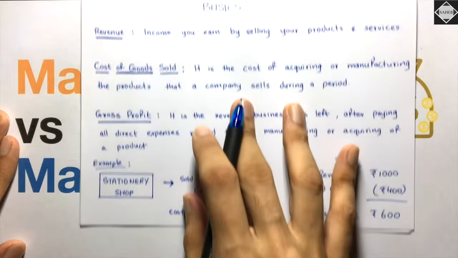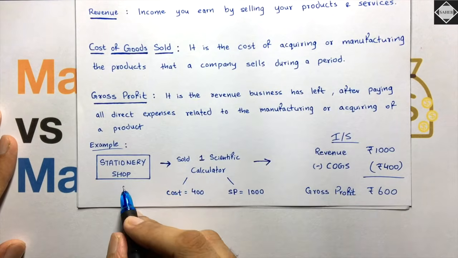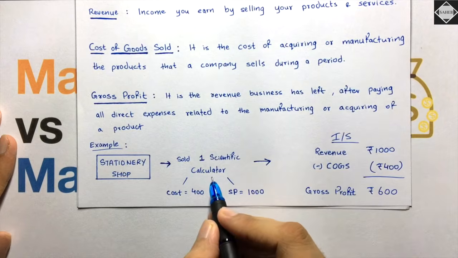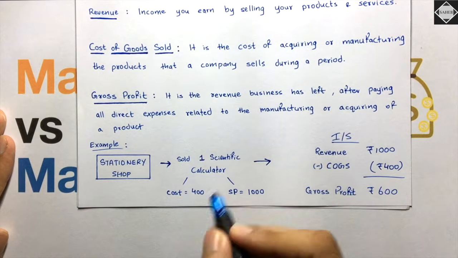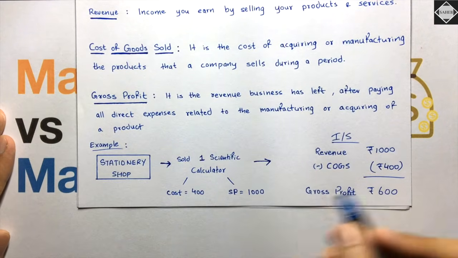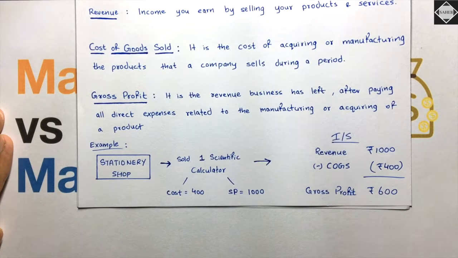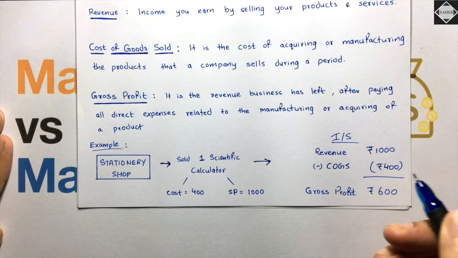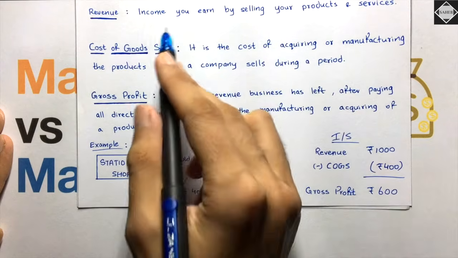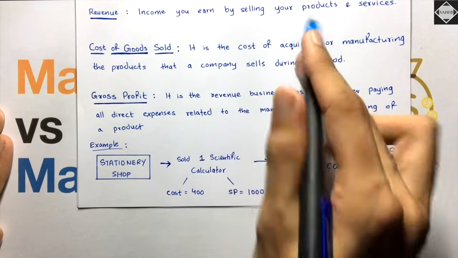Let's see another example. See here, let's say there is a stationery shop which has sold one scientific calculator. The cost of that is 400 and the selling price is 1000. And here we have this income statement or statement of profit and loss. What's happening over here? We have taken revenue. What's revenue? As you know, it is the income that the business earned by selling their products and services.